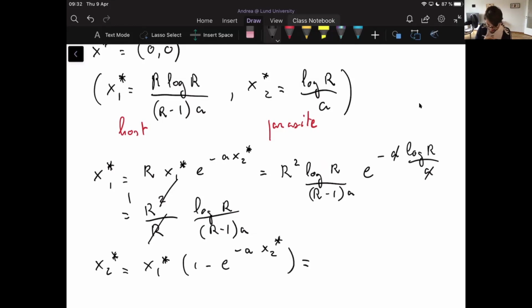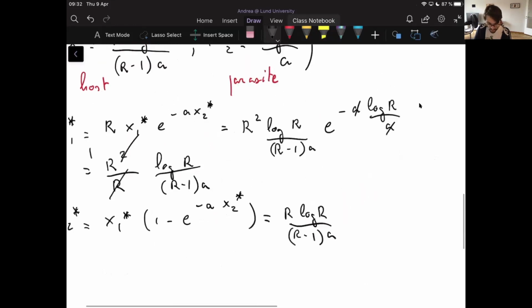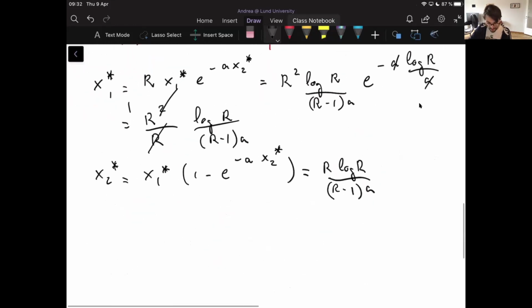So this is equal to r log r divided by (r minus 1)a. And then if I substitute this, I will get exactly the same thing. So this is 1 minus 1 over r. Okay? Just like I did before.